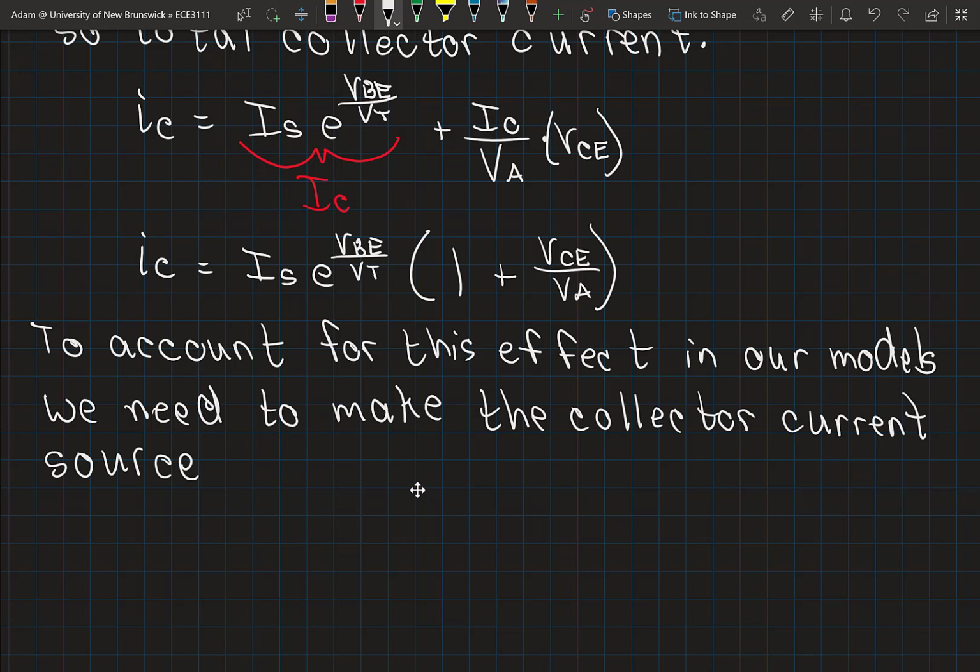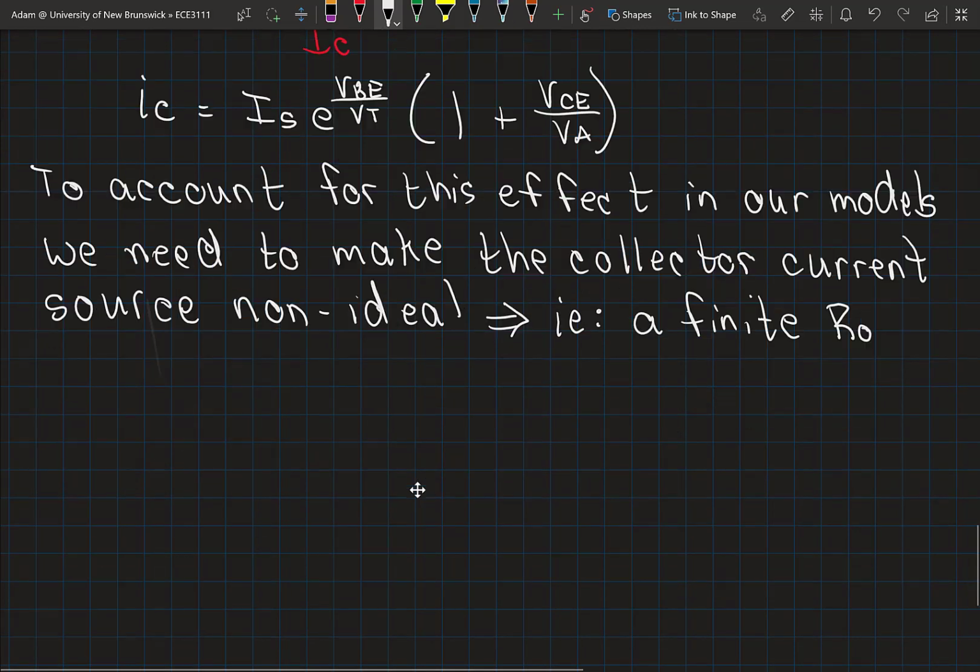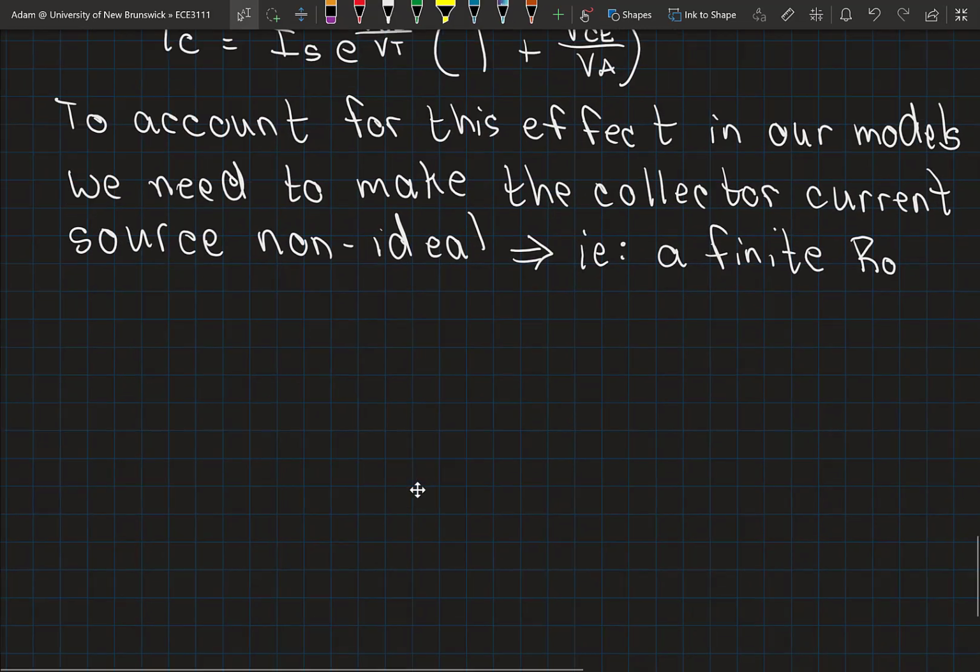An ideal current source, as was depicted in our earlier T and pi models, was one that had an infinite output resistance. But now we're going to make them non-ideal, in other words, have a finite output resistance, something less than infinity.